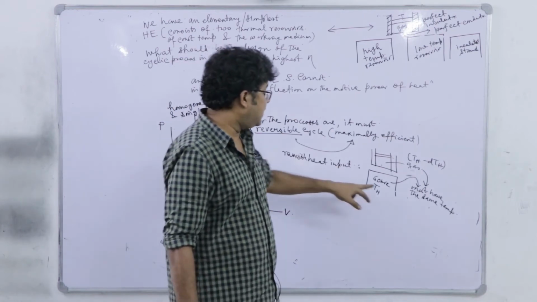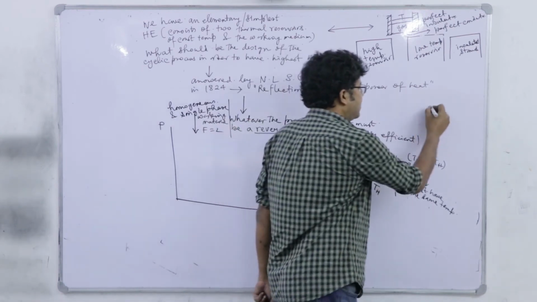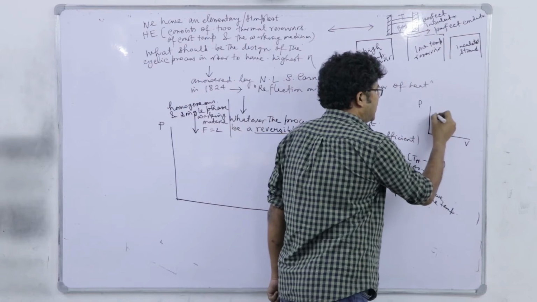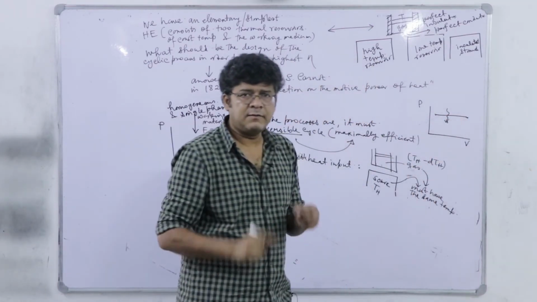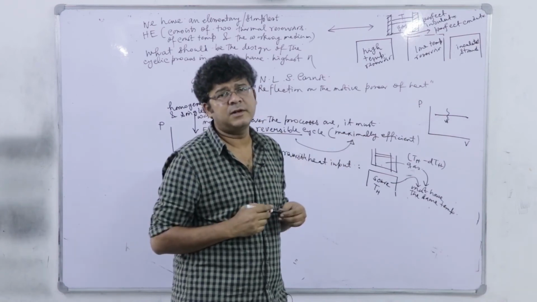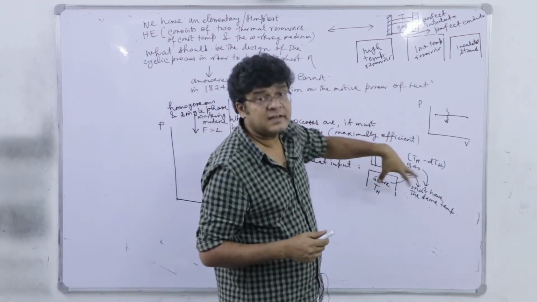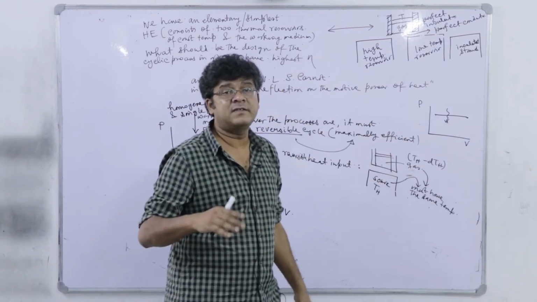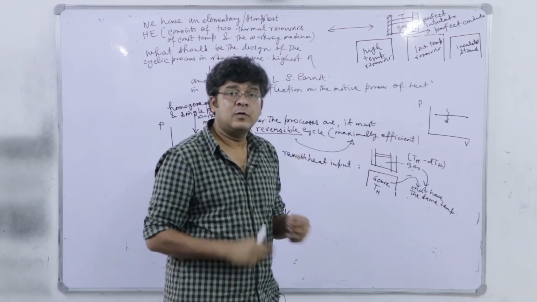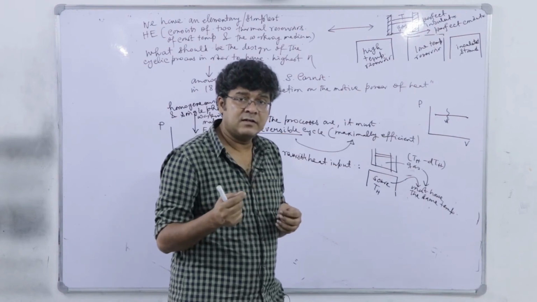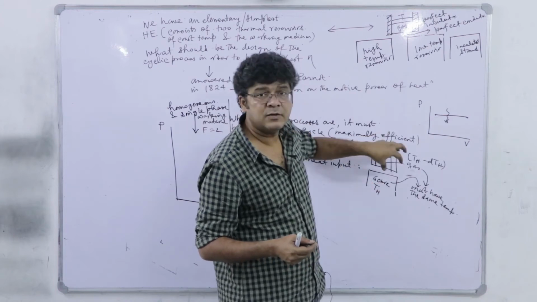Remember that if I want to go for an isobaric heat input, that is also possible. However, to implement this reversible isobaric heat input, we must go on changing the source temperature according to a pre-decided locus. That means it must be a programmed source where the temperature keeps changing, and the system is also at the same temperature as the source.